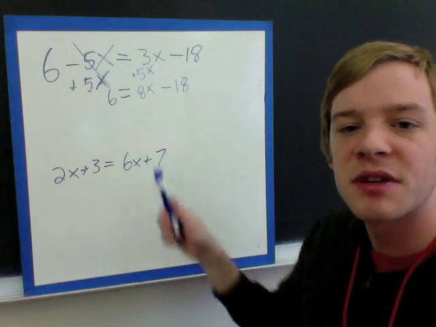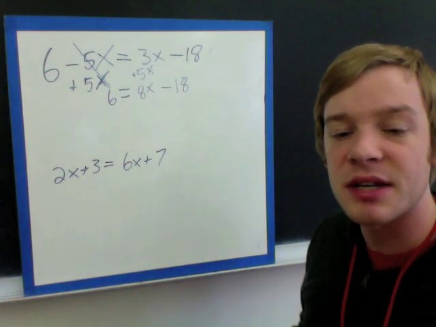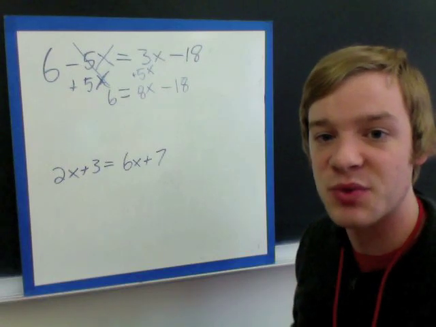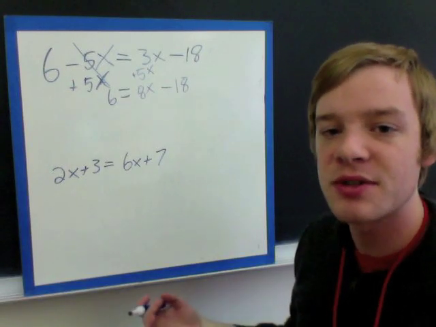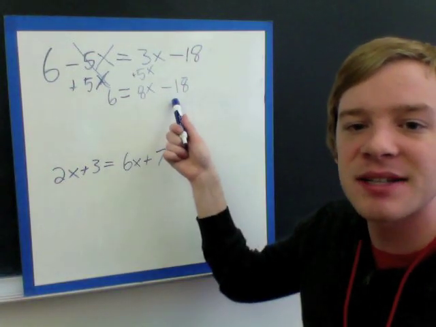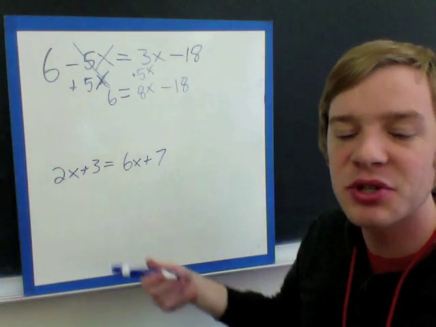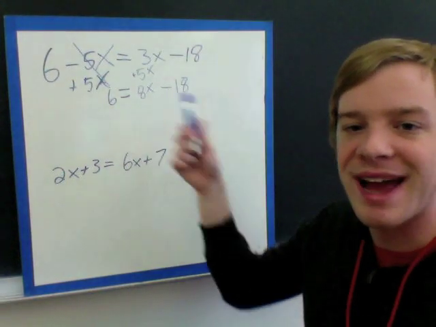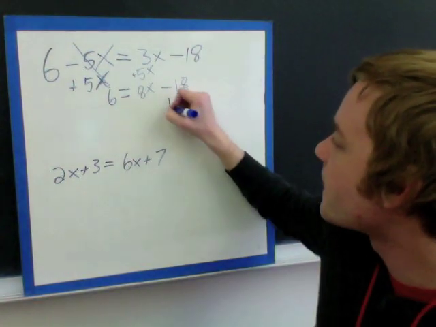So now I have 6 equals 8x minus 18, and this is really just a two-step equation like we've been working with for the past week. So we're going to solve this the same way as all of those other ones. I'm going to add 18 on both sides. Remember, we want to do any addition and subtraction first before multiplication or division. So we're going to add 18 to both sides.